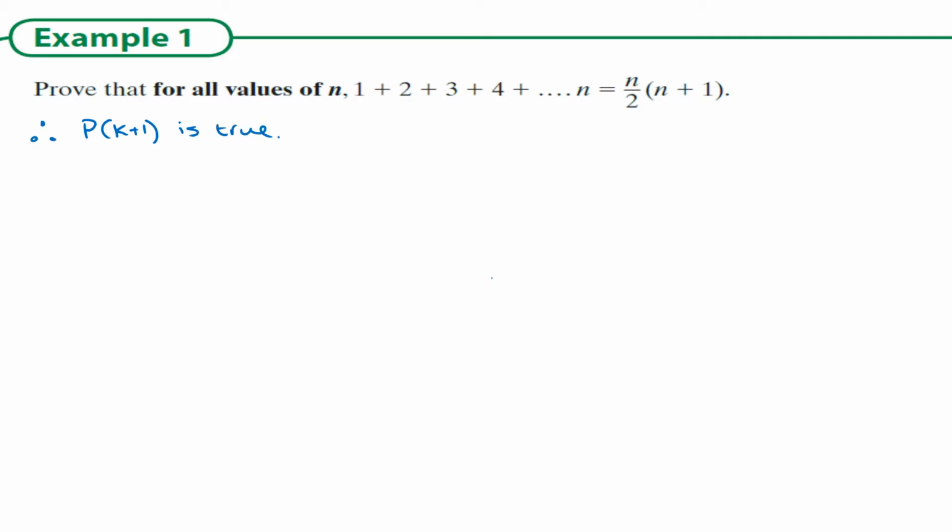Now our last step is our conclusion. So our conclusion will refer back to the question, but the majority of it is just something we can learn off.